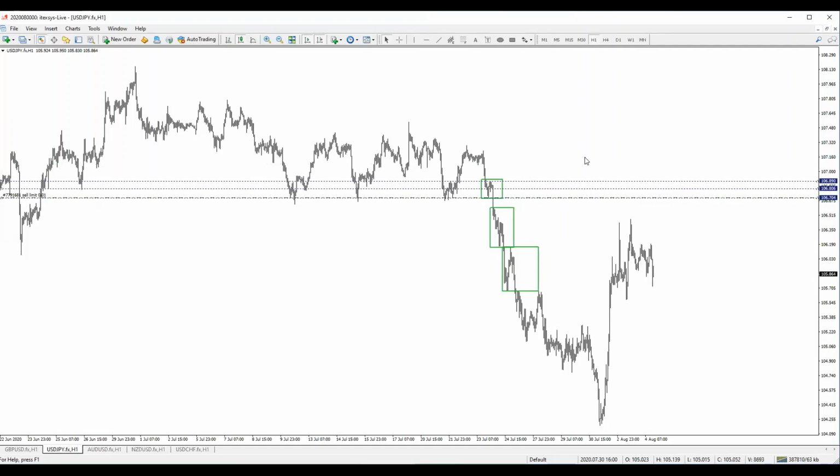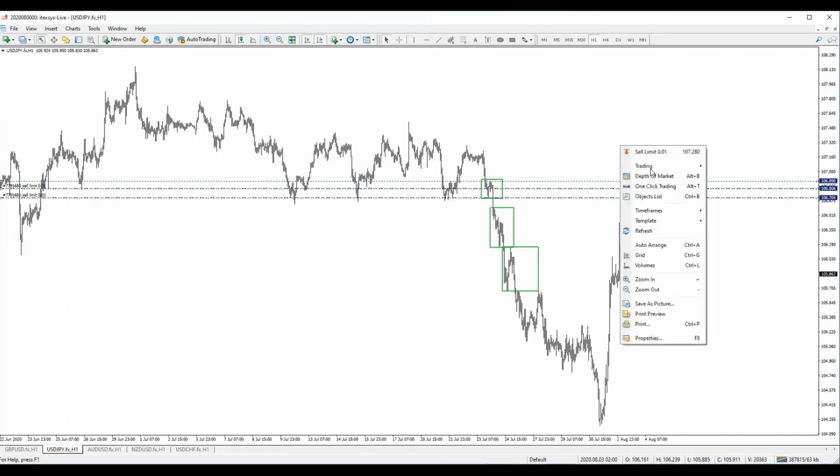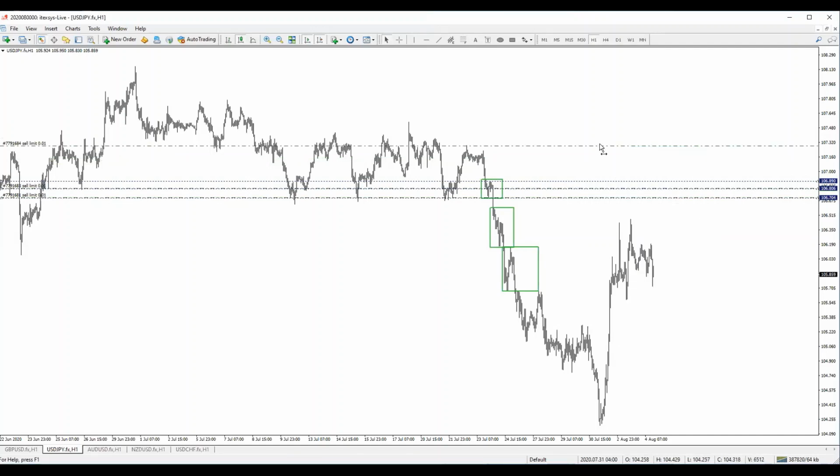Another sell order will be at the DP, and another sell order will be at the extreme, at the origin of the pole. Okay, any of these three should get me some pips in it.